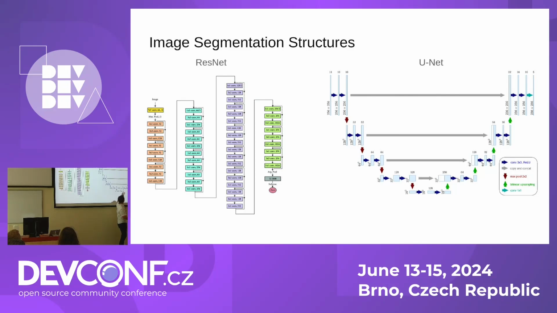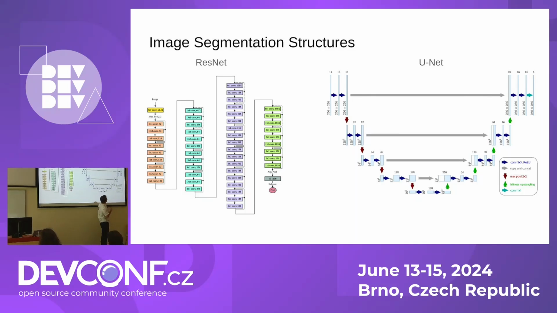So here, we use the image produced here, increase the dimension, and combine the features with the output of a previous layer, and the process goes on and on until we have an output image segmented with the same dimensions as the original.